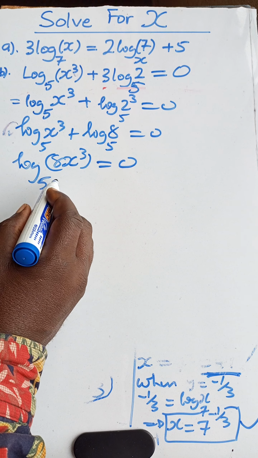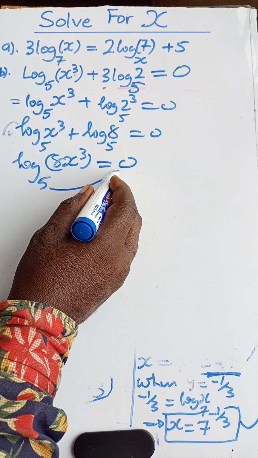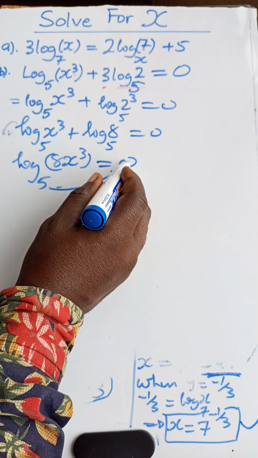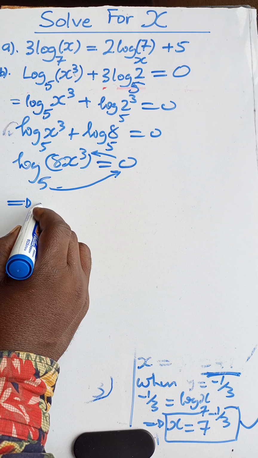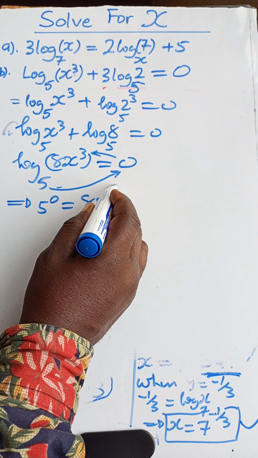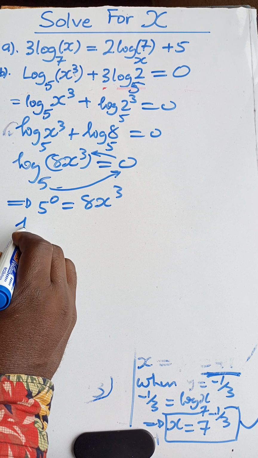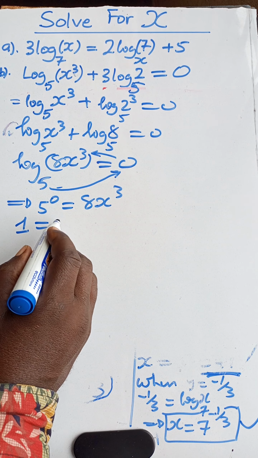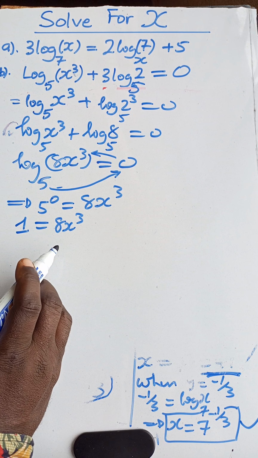Now, we know that if we have an expression of this nature, it simply means that when we raise this base to this power, we are going to get the argument. So 5 to the power 0 is going to give us 8x cubed. 5 to the power 0 is 1. Anything raised to the power 0 is 1. So we have 8x cubed.